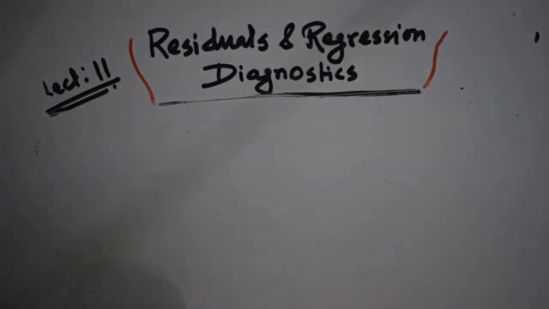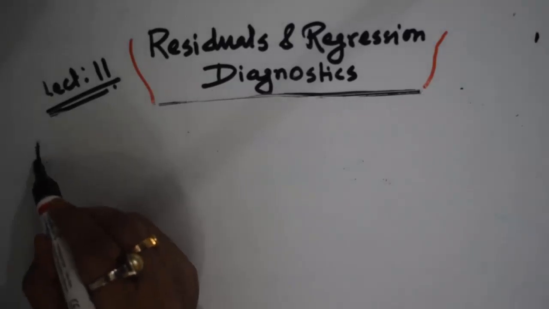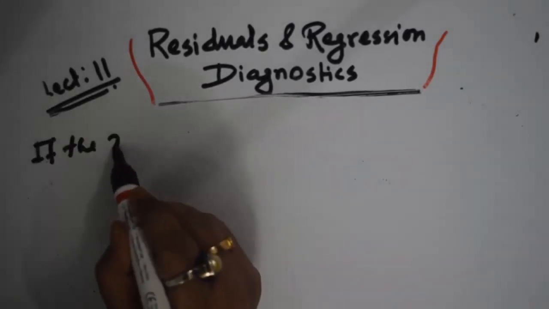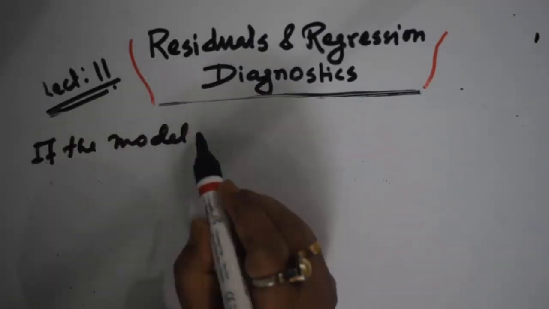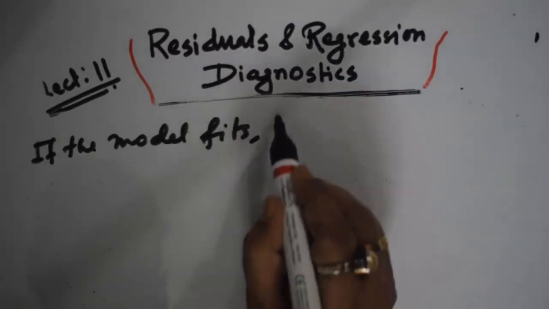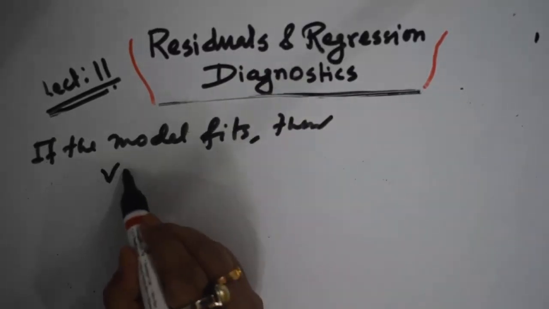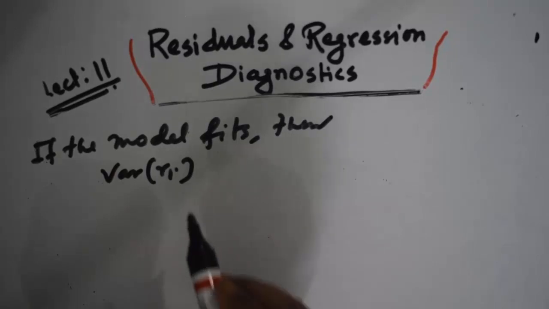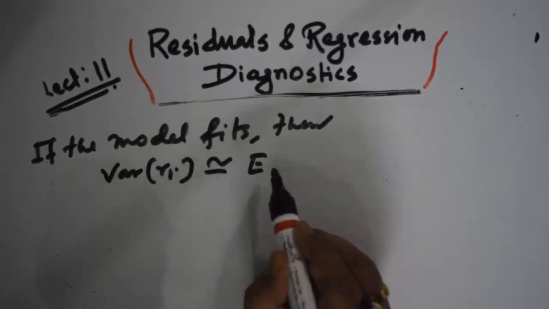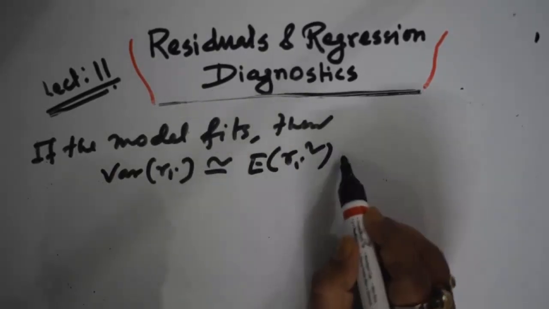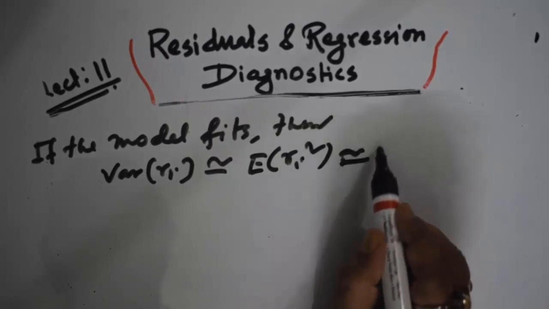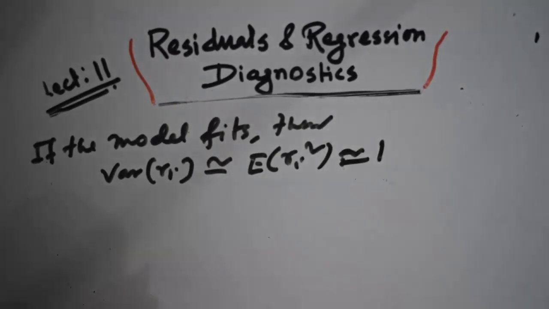If the model fits, then variance of Ri approximately equal to expectation Ri square approximately equal to 1.